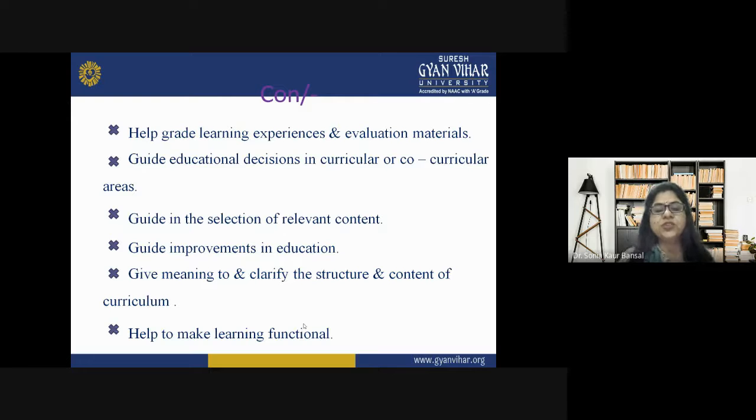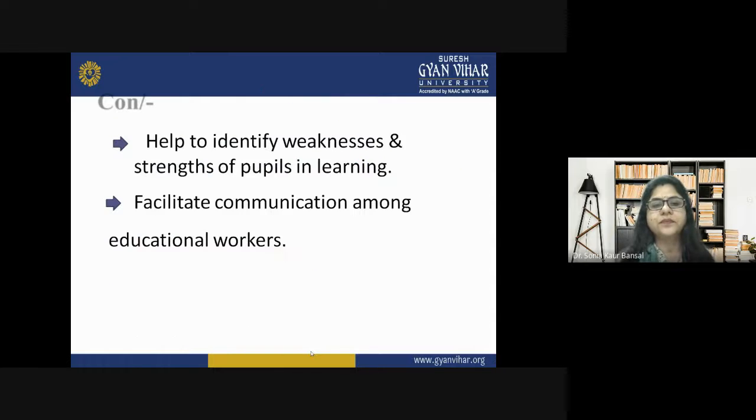It gives meaning to and clarifies the structure of content in the curriculum. It also helps to make learning functional in a proper application way. So this is not only related to theoretical knowledge, it also applies its function in practical form. It helps to identify weaknesses and strengths of pupils in learning. It facilitates communication among educational workers.